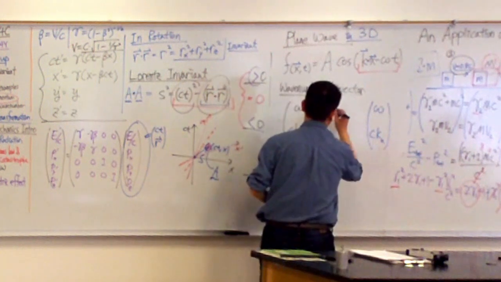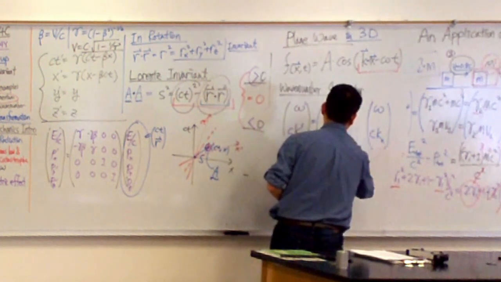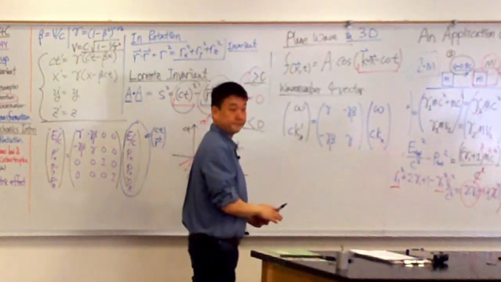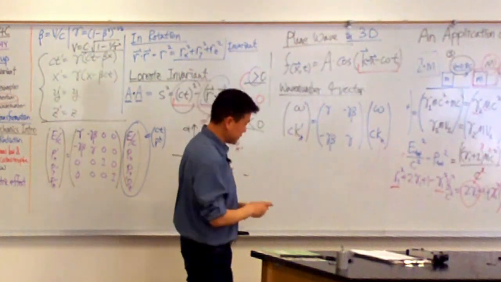So this would be gamma, minus gamma beta, minus gamma beta, gamma. Yep. All right, let's write it out and see.